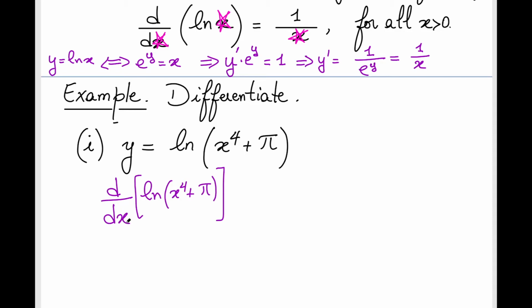Certainly if this is star, what I have here is not the star. As such, I cannot use this property yet. But we know the drill by now, so how about we call this U? So I'm using the chain rule, right? Let's give it the name U and use the chain rule.